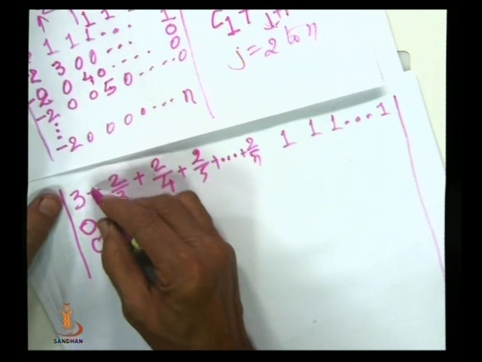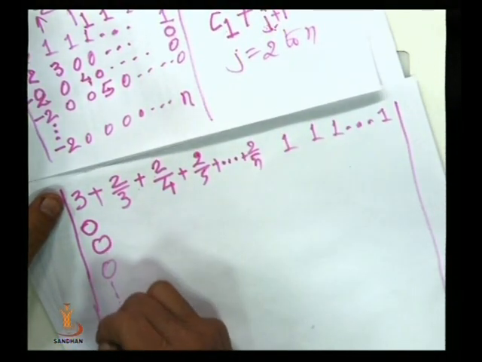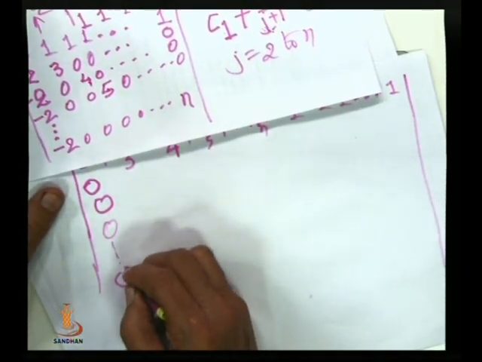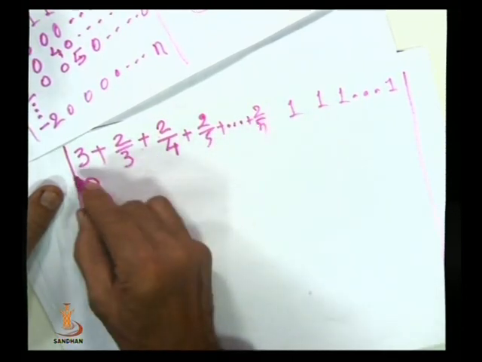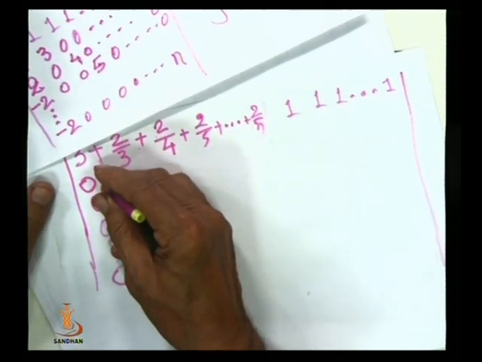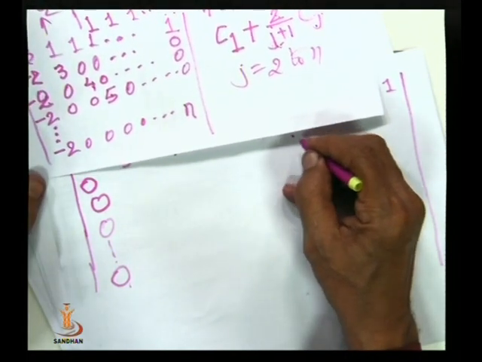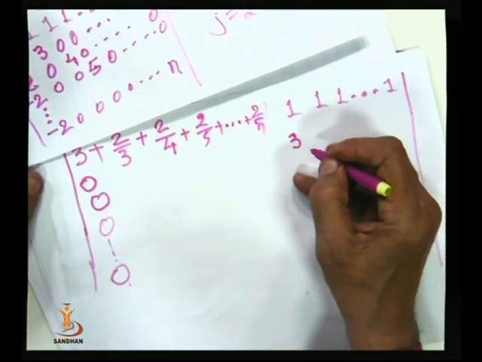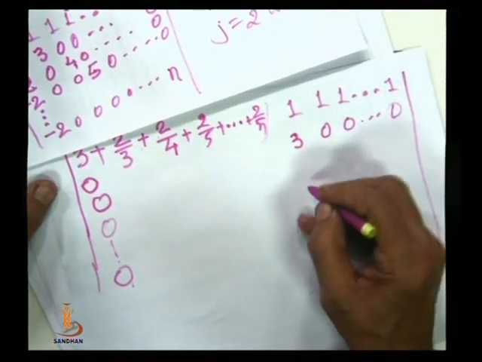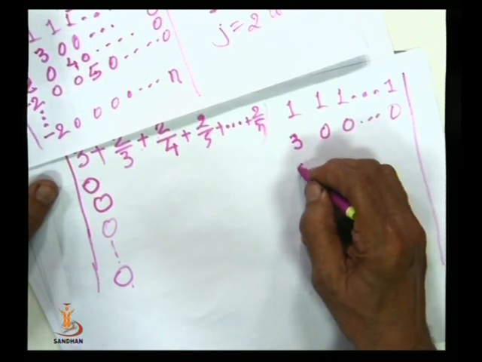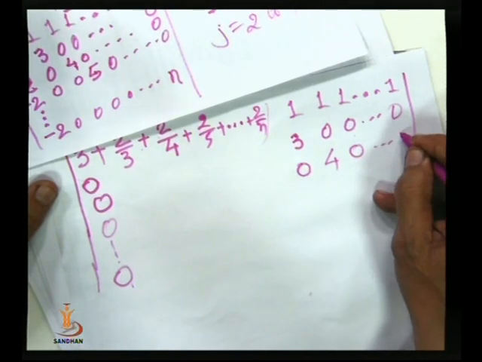Second, in the first column, the second element is 0, the third element is 0, and so on and so forth. All elements in the first column except the first one. This is the first element of the first row. Now all are 0. Now here what do you get? 3, then 0, 0, and so on, 0, then here 0, 4, 0, and so on.